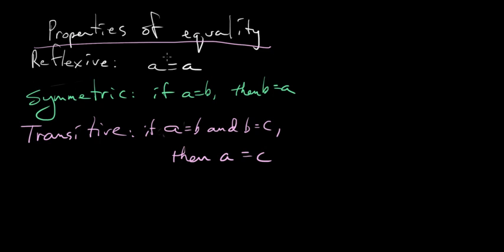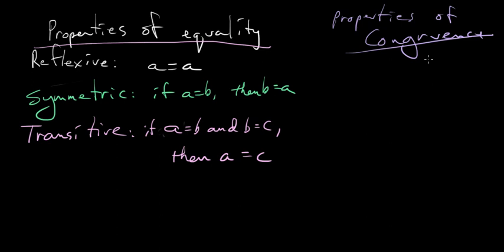We have one more thing to talk about here, and that's the properties of congruence. They have the same three properties, except reflexive property says that this triangle, okay, is the same as itself.